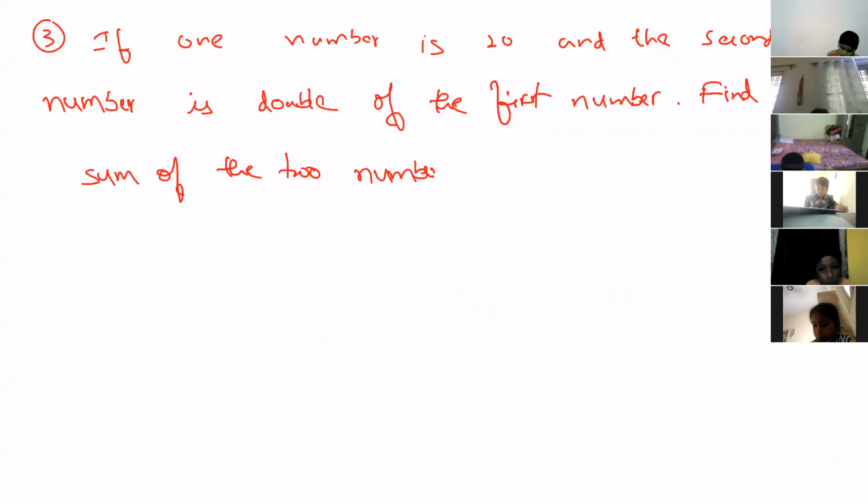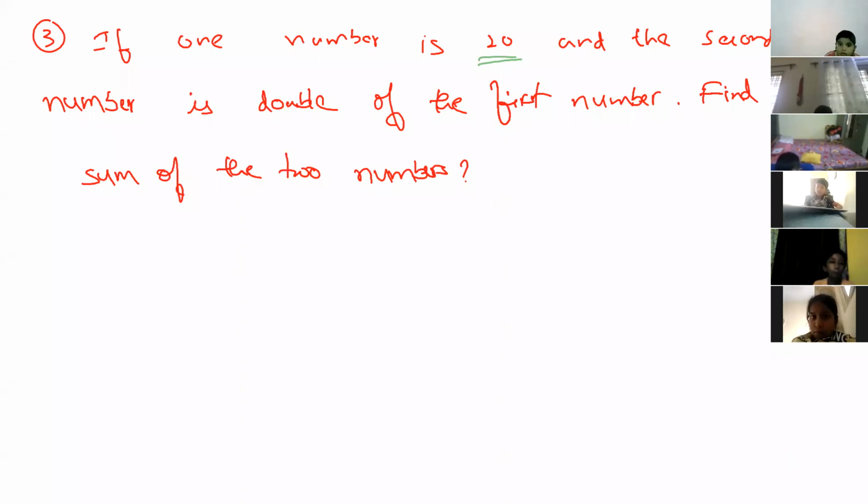Here all should read the question properly. Here one number is 20, and the second number is double of the first number. Find the sum of the two numbers.